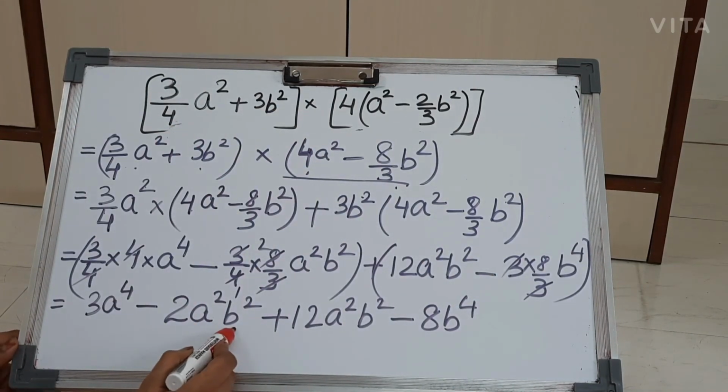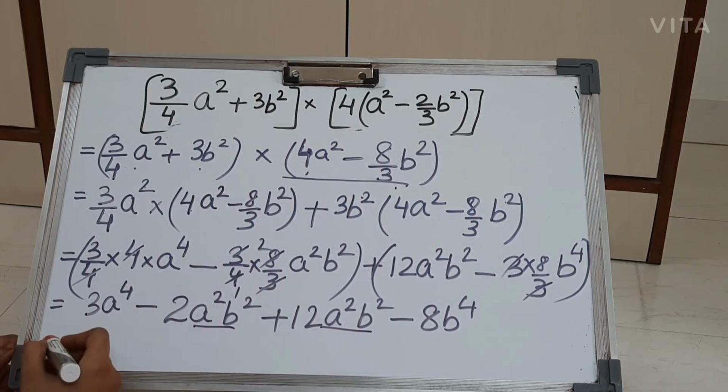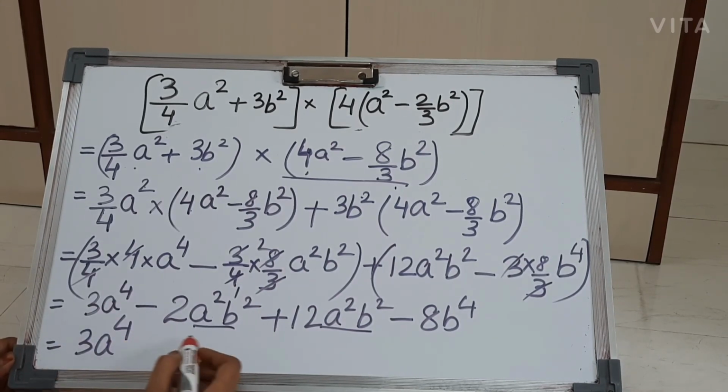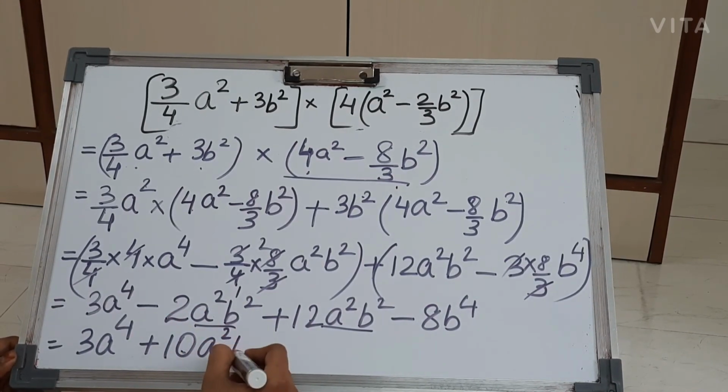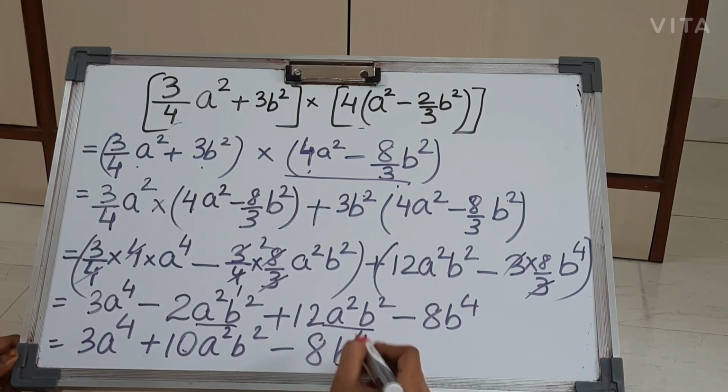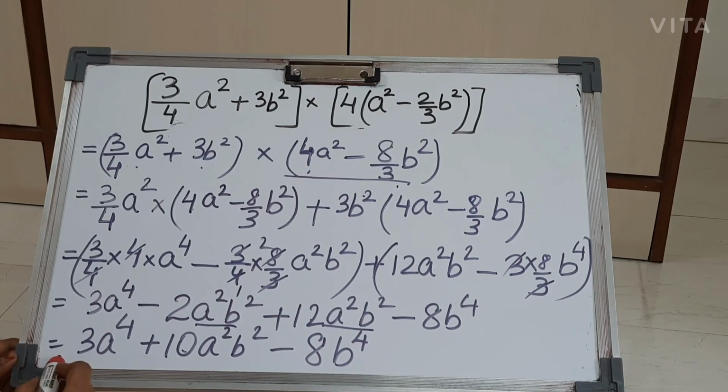Now you can see here these are like variables. So 3a to the power 4 plus 10, since 12 minus 2 will be 10, a squared b squared minus 8b to the power 4. So this is the way we are going to multiply the binomials.